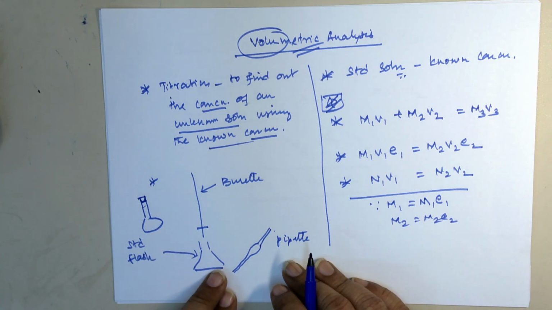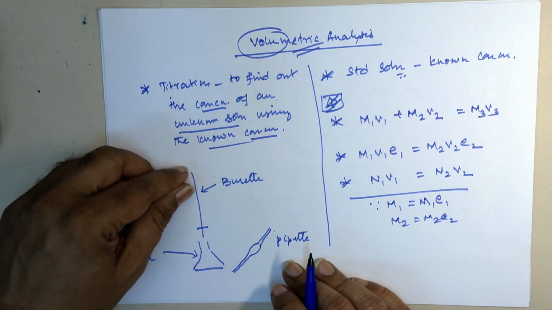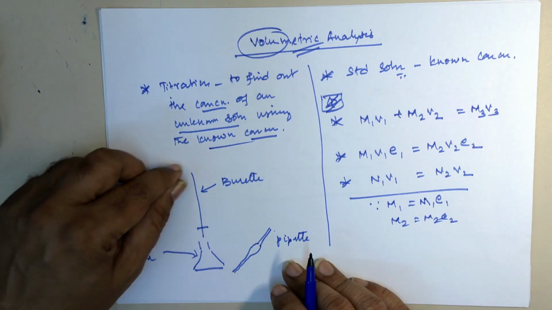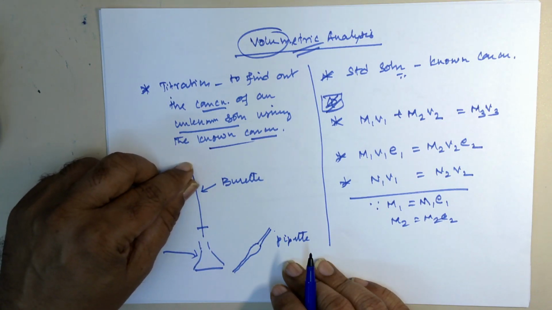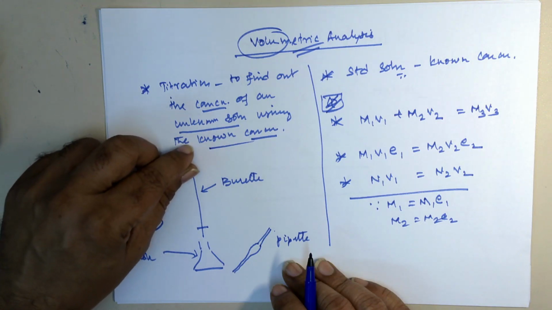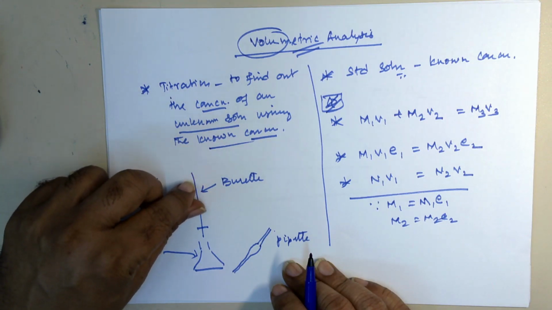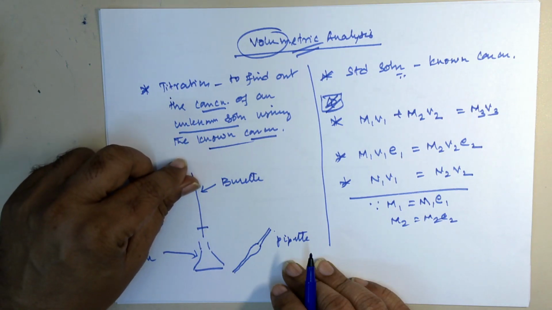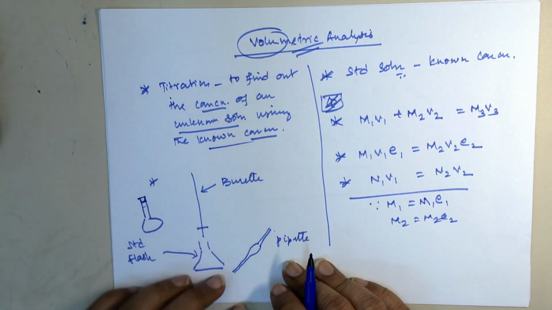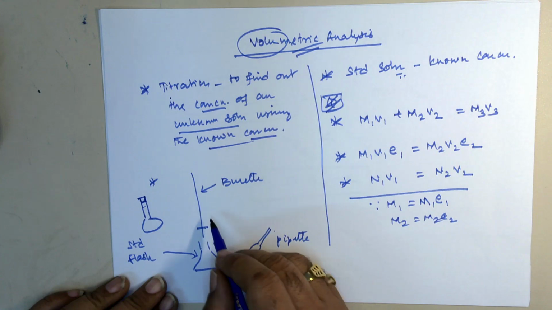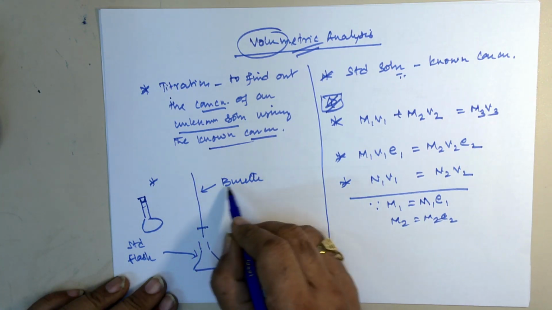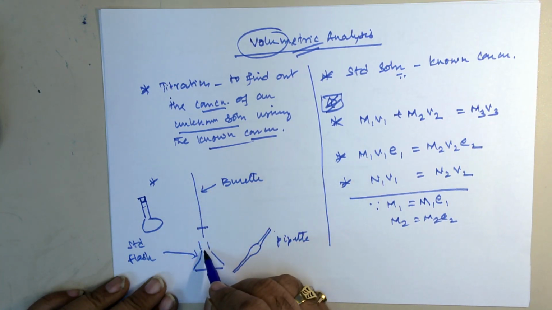Now, listen: you fill the burette completely up to the zero marking, and it goes down like 0 ml, 10 ml, 20 ml, up to 50 ml.